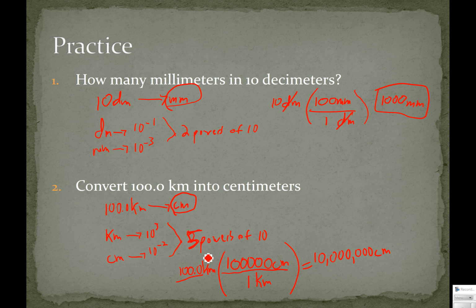Or, since we want 4 significant figures, I'm going to call this, that would give us 4 significant figures right there, times 10 to the 7th power, and that would be centimeters. So converting 100.0 kilometers into centimeters, we get 1.000 times 10 to the 7th centimeters.